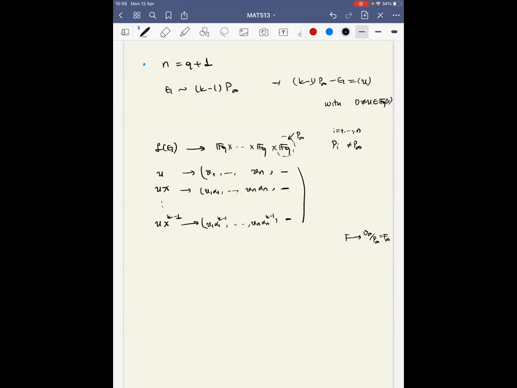So here, if we consider the functions u times x to the j, where j is from 0 to k minus 2, so that means until the last component, we can see that by checking their valuations at P infinity.